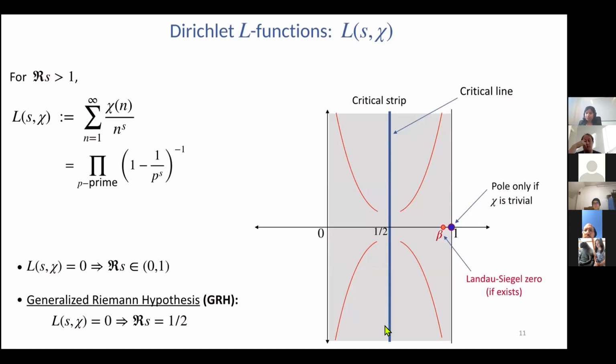Now, just a slide for a crash course on Dirichlet functions. For real s, so s will always denote a complex number, for real s larger than 1, you have this function L(s, chi) defined as the sum of chi(n) over n to the power s. Chi is a character over here. If you want to think of it as a group character in the usual way, then this is a character on the multiplicative group Z mod qZ.